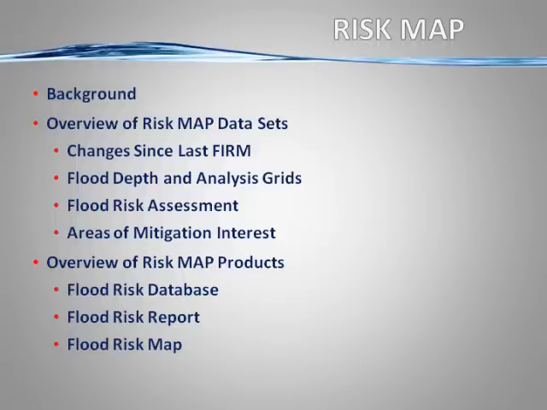It'll actually show you in a color-coded map layer how deep the water would be during a 100-year storm event in a given geographical location. There's going to be the flood risk assessment, which actually shows your risk in a color-coded area, and there's a flood report as well, and databases. The other thing is the areas of mitigation interest as a data set, which actually comes from working with the town. The towns identify areas of mitigation interest that they want to improve to lower their flood risk.